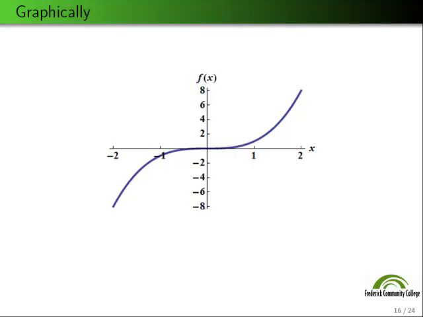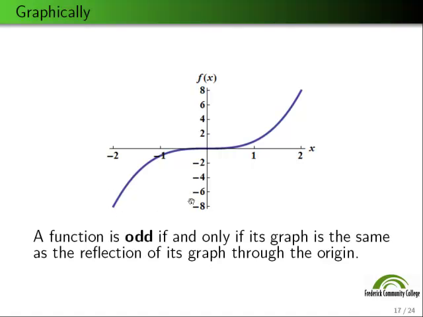What this means graphically is that, for example, 1 gets sent to 1 here, but if we go over here, negative 1 gets sent to the same height but in the negative direction. So 2 gets sent to 8, and negative 2 gets sent to negative 8. A function is odd if and only if its graph is the same as the reflection of its graph through the origin.